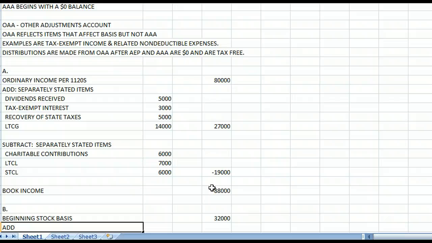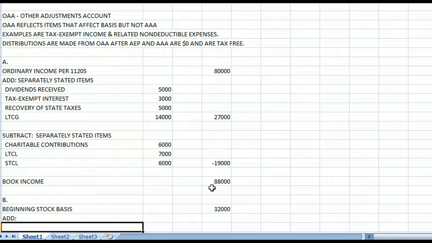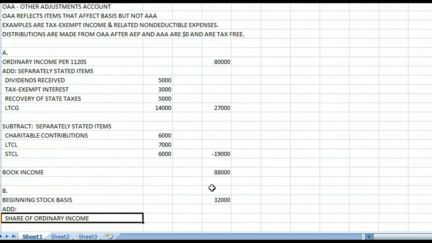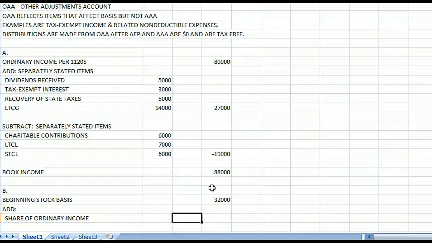We're going to add the things that are going to increase his basis. First thing is going to be the share of ordinary income. All right. So we're going to look at his share of the ordinary income.